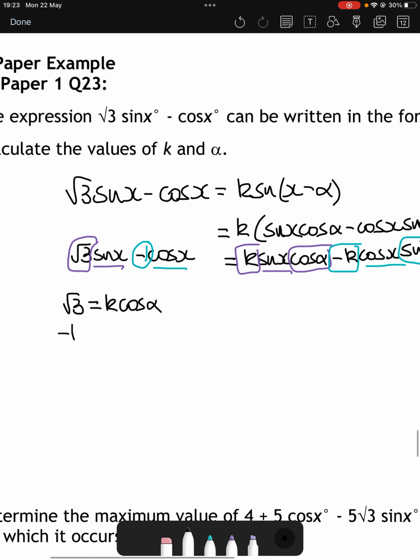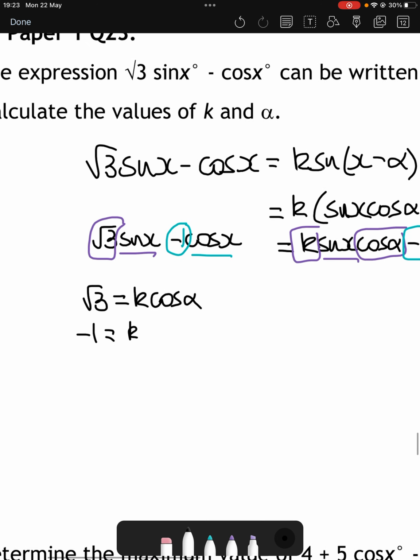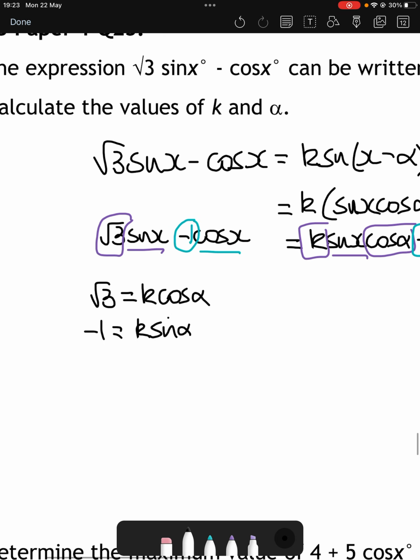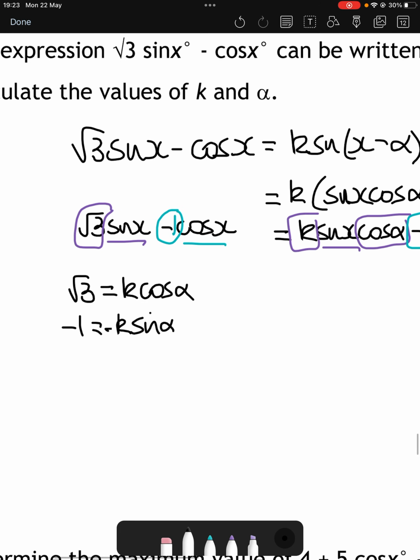So minus 1 is related to k sin alpha. Nope, I forgot about that wee negative k sin alpha, which you can see there. Okay, rewrite it. Two negatives make a positive, put the k on top. So 1 is, put the sign on top.